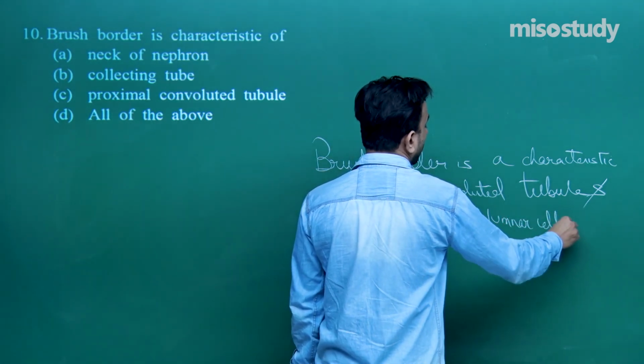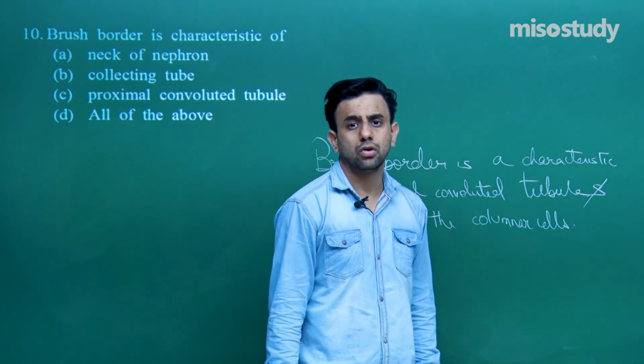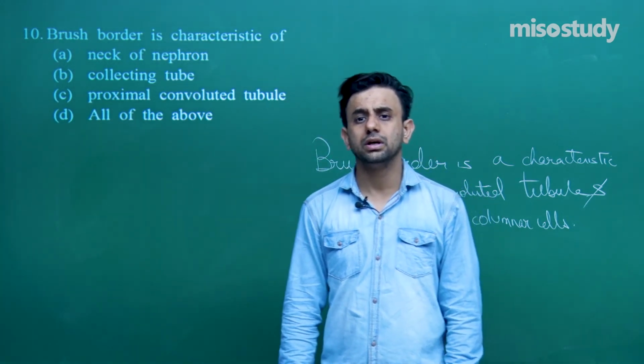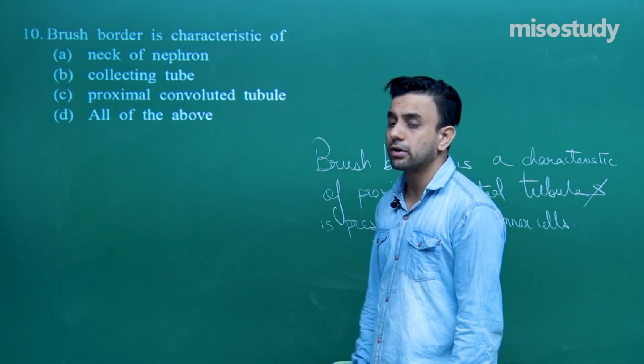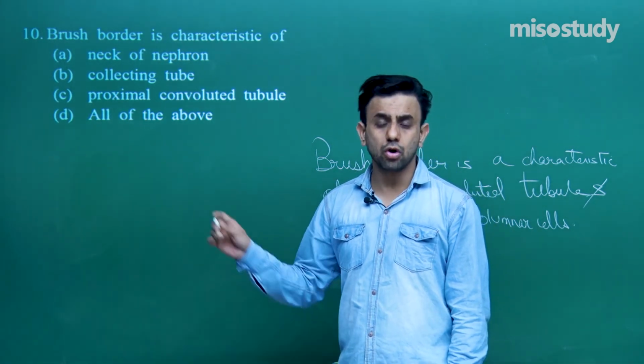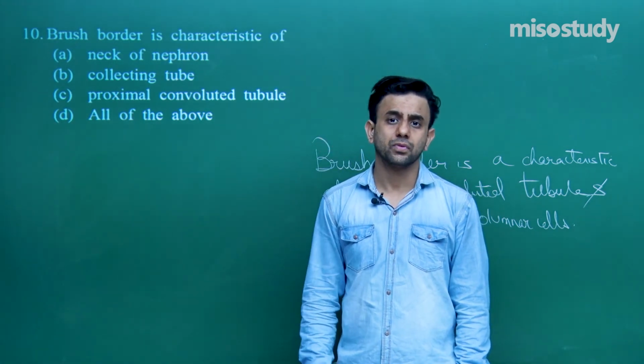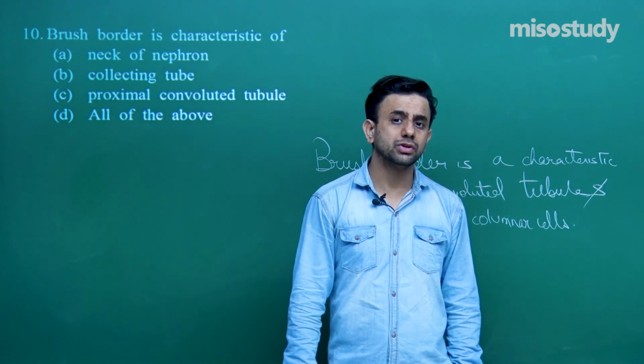These, along with the microvilli, are present, and this will increase the surface area and hence will function. So hence what we see is that brush border is a characteristic of the proximal convoluted tubule.